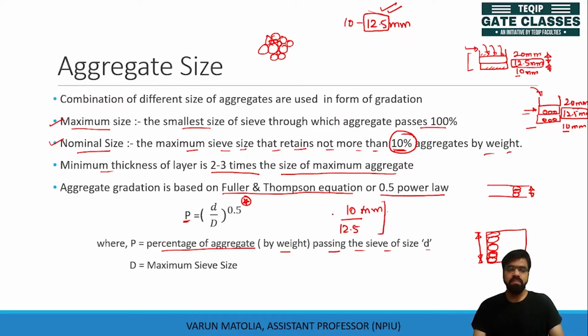So the maximum percentage of aggregate which I can use is (10/12.5) raised to power 0.5, or under root of 10 by 12.5. This will give us the percentage of aggregate passing through 10 mm sieve. This is how we decide the gradation.